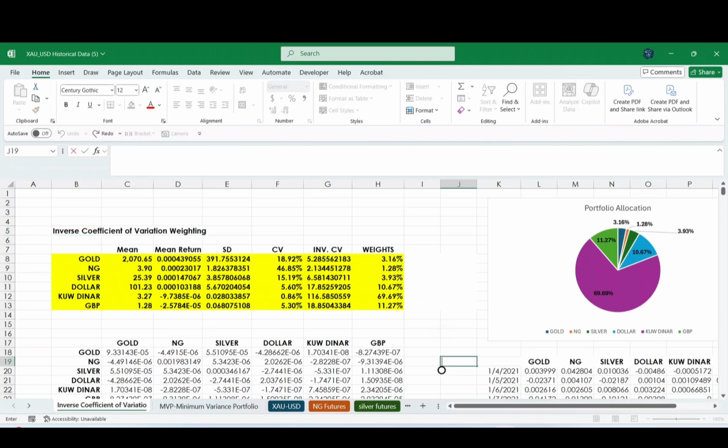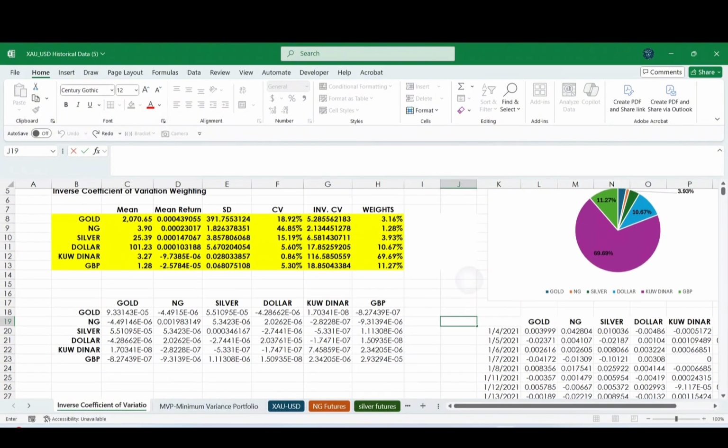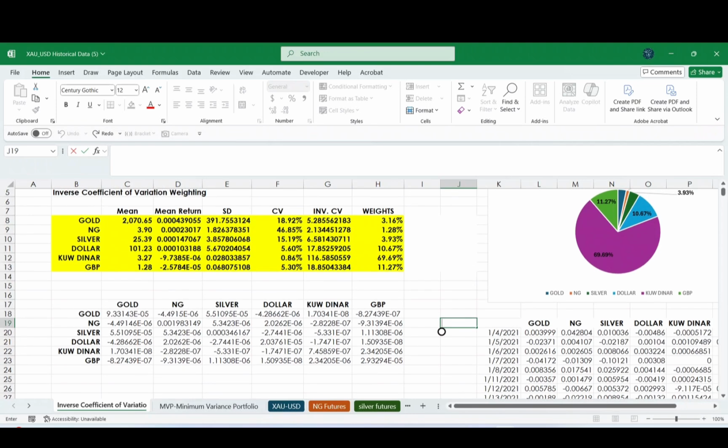Another way of doing this, which is much more complex, is based on modern portfolio theory. It's called the minimum variance portfolio. The minimum variance portfolio not only considers the variance itself, but also the correlation between assets.